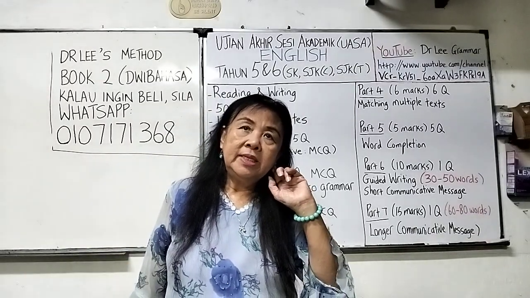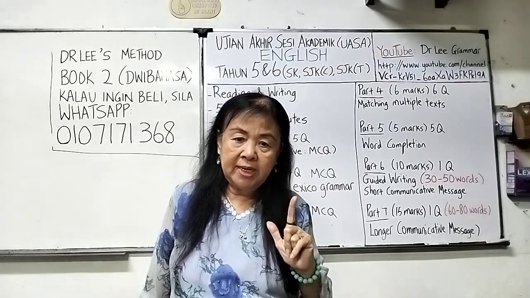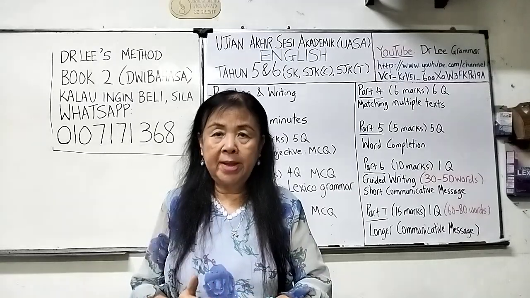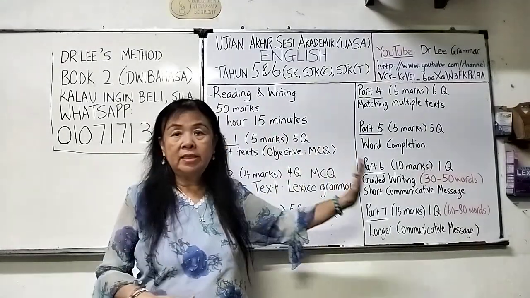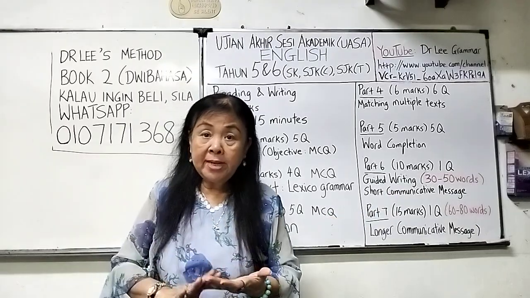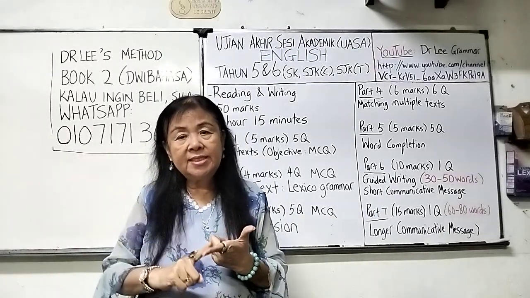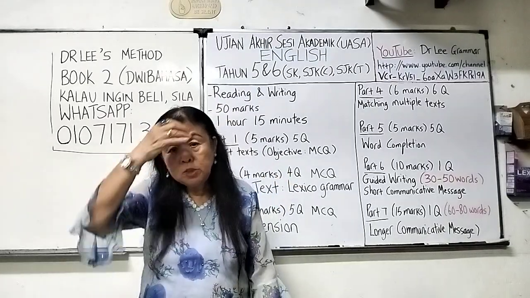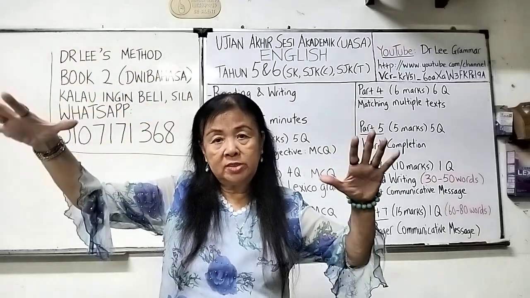Now, the English paper is actually the same, the questions and the format. Questions meaning how they set the questions, the format as well as the level. For SK, SJKC, SJKT are the same. Our Ministry of Education sets the questions.